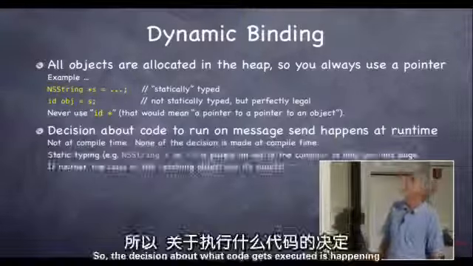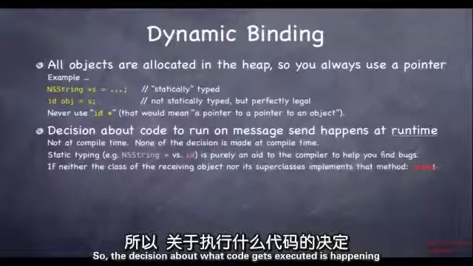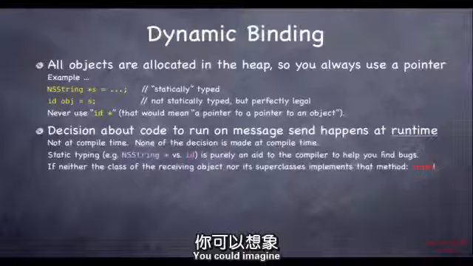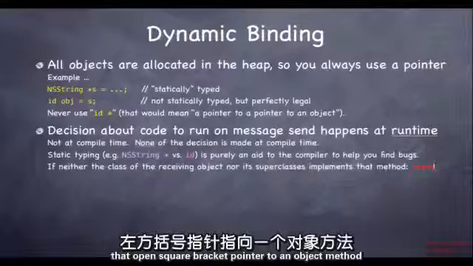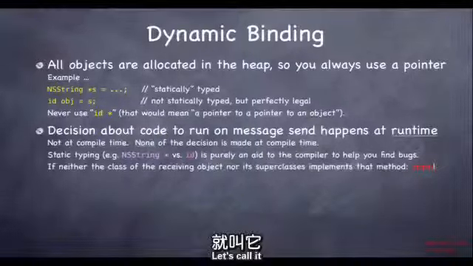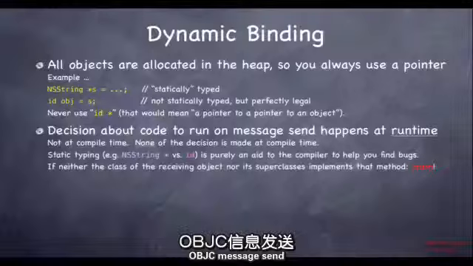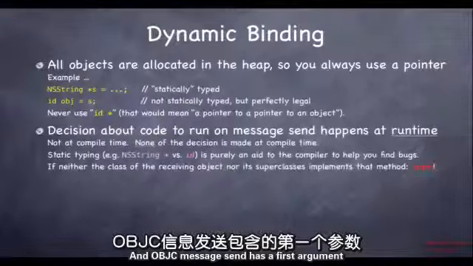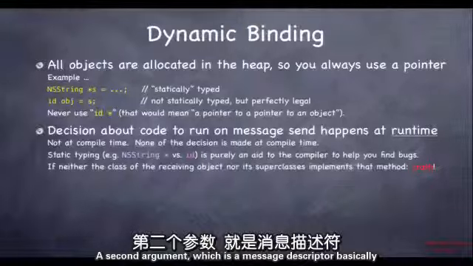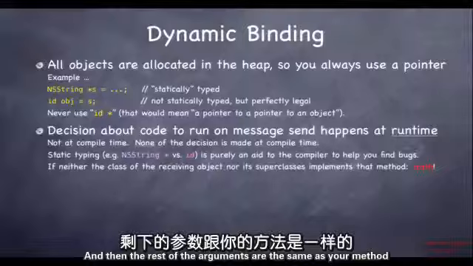But anyway, the decision about what code gets executed is happening entirely at runtime. OK? You can imagine, because it's true, that open square bracket, pointer to an object, method gets turned by the compiler into a C function. Let's call it objc_msgSend. And objc_msgSend has a first argument, which is a pointer to an object, a second argument, which is a message descriptor, basically, and then the rest of the arguments are the same as your method.